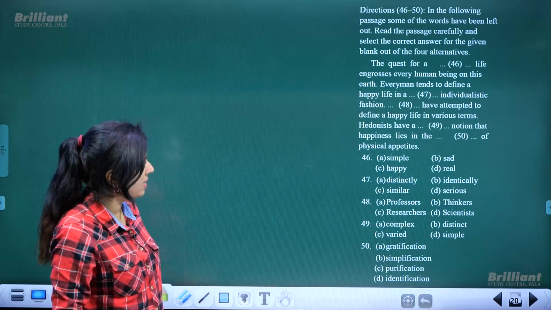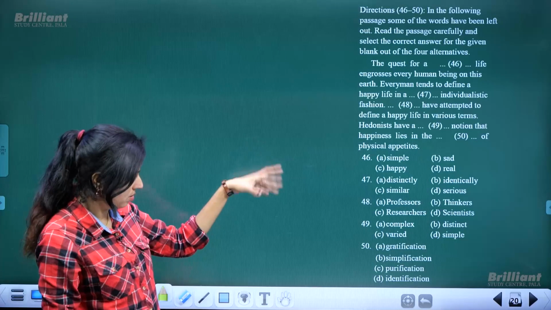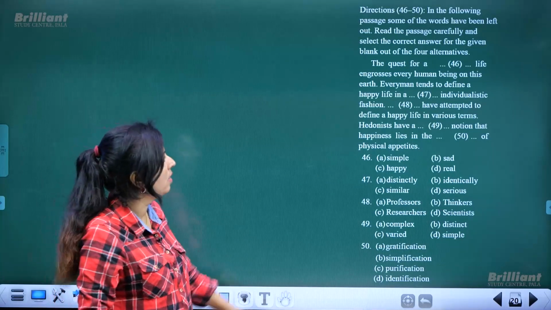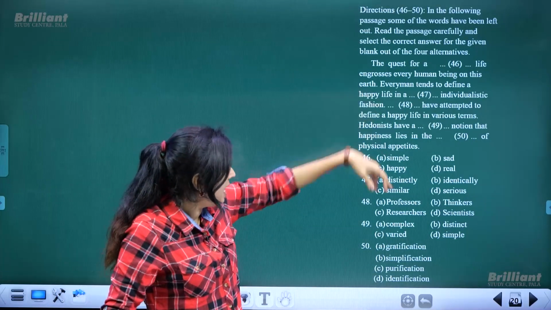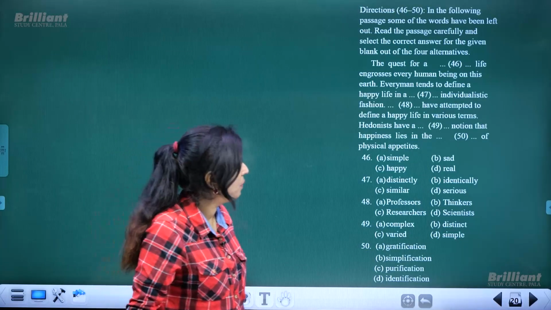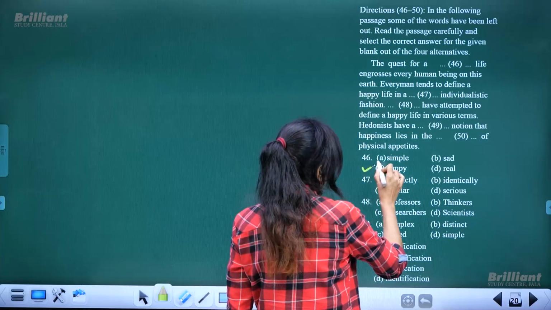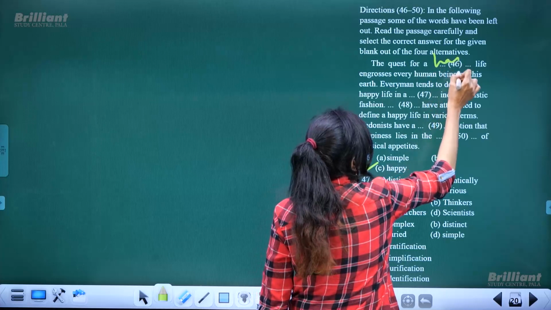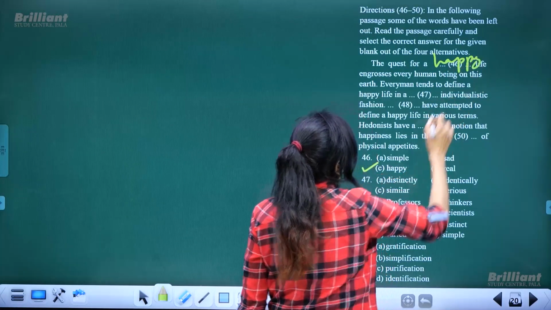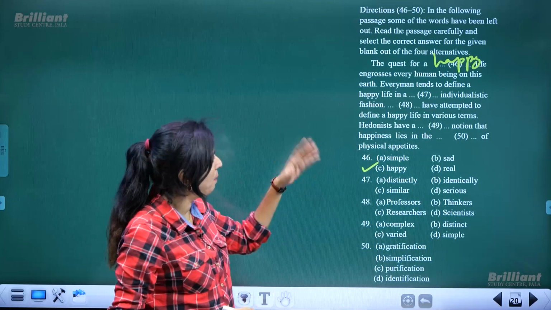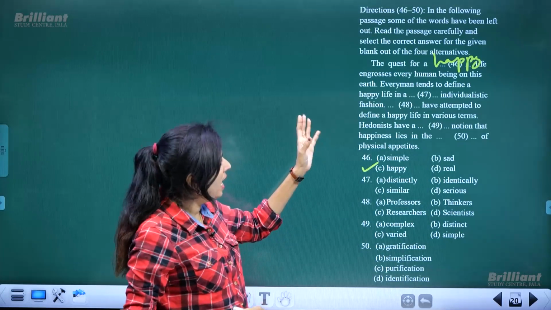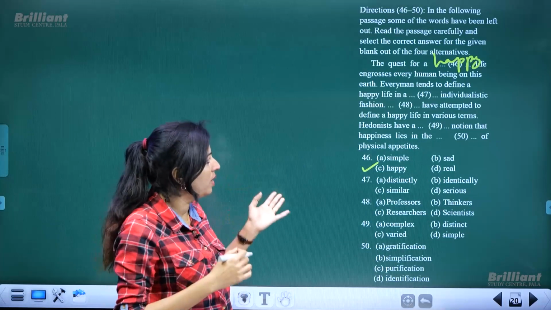Now, the last set of questions where we have what we call fill in the blanks. The quest for a dash life. What type of life? Happy life. We all want a happy life. The quest or the search for a happy life engrosses every human being on this earth. We all want that.